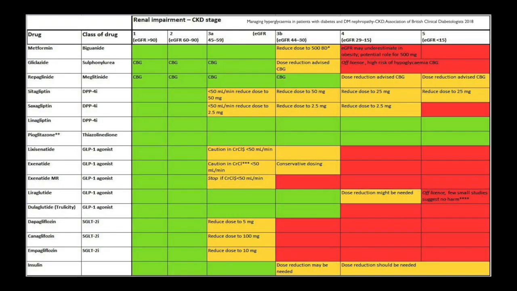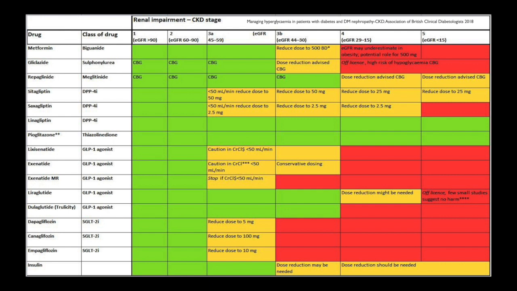So this is a very important slide showing us how we adjust the doses of the different anti-diabetic medications. As you can see, your metformin dose should be reduced to about 1,000 milligrams daily if your eGFR is less than 45 and within 30, but you have to discontinue the metformin if your eGFR is less than 30.